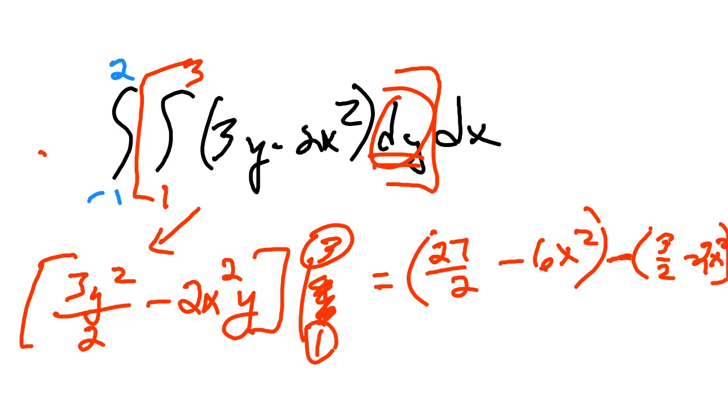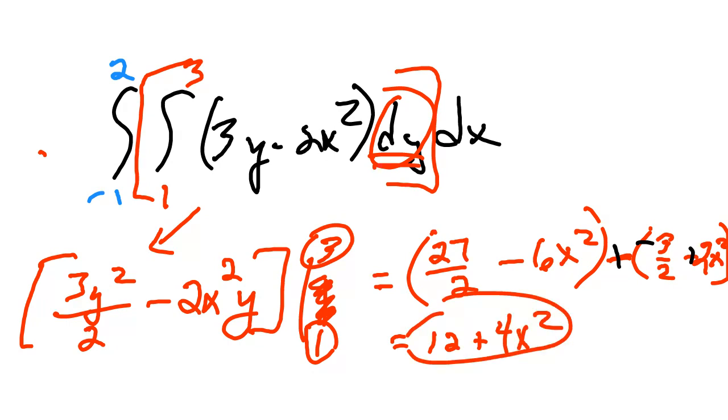Okay, and remember, subtract means add the opposite, so I'm going to go ahead and do that here, and what do I end up with? I'm going to end up with 27 halves minus 3 halves is 24 halves, which is 12, and then minus 6x squared plus 2x squared is plus 4x squared. That's what I get for the red bracket.